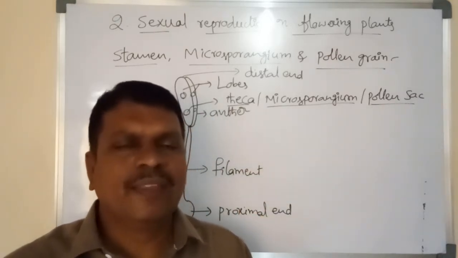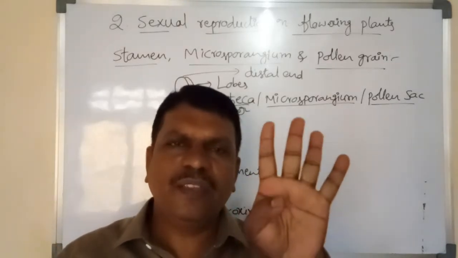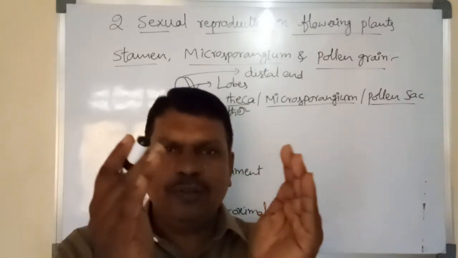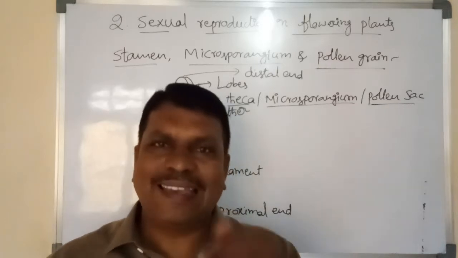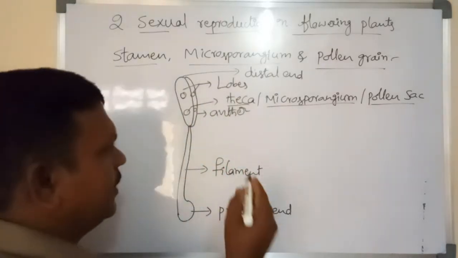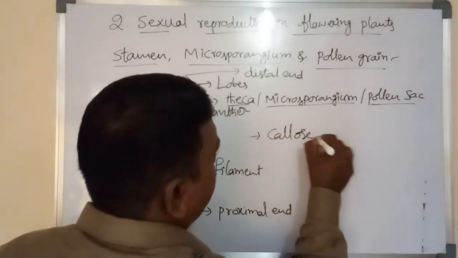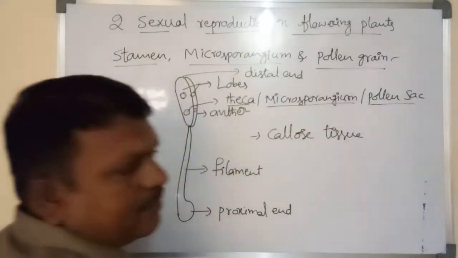Each microspore mother cell undergoes meiosis to form 4 microspores, called a microspore tetrad. All 4 microspores are attached to each other by the callose layer, callose tissue.